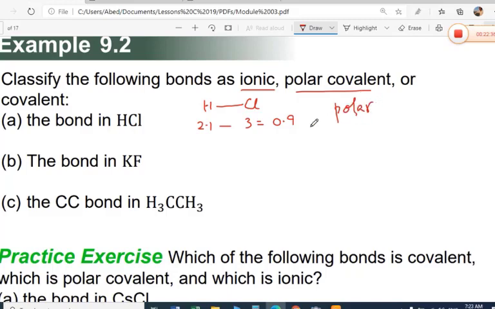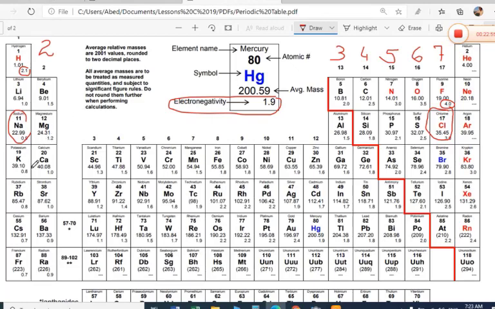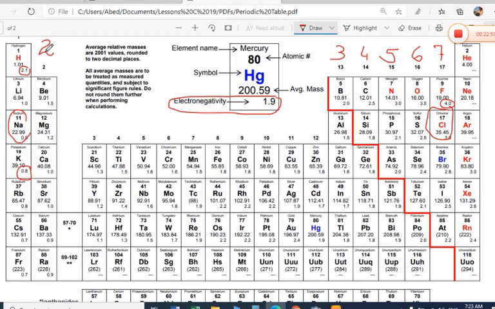Sometimes they ask you to write the calculation, sometimes they ask you to write directly the type of bond, that is polar. Now see the K and F, potassium fluoride. So let's see how much is the electronegativity of potassium. This is the potassium here, it is 0.8.